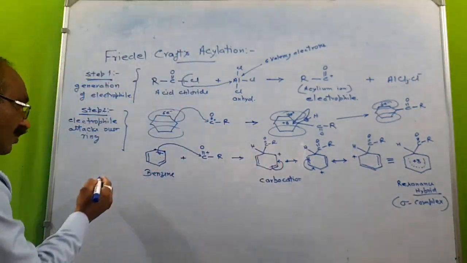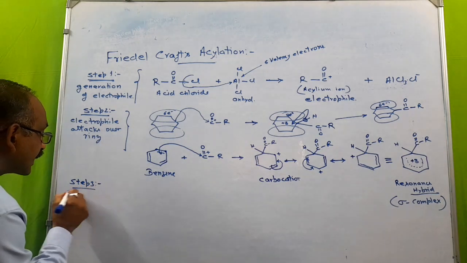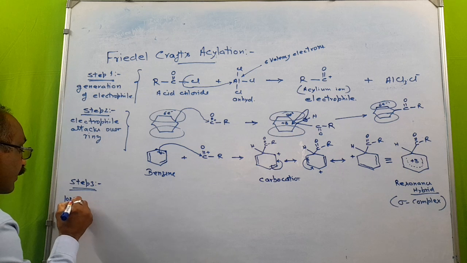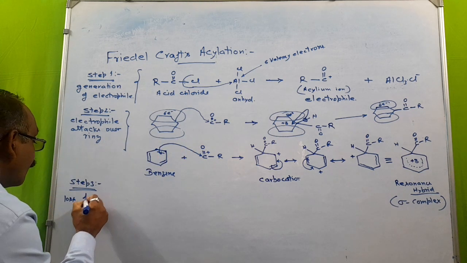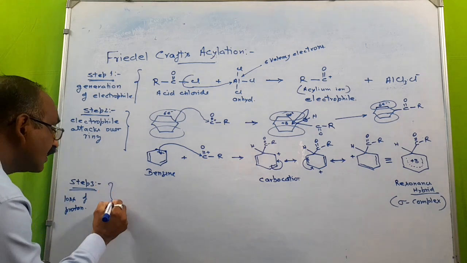So this step can be expressed as, in step 3, this resonance hybrid will lose a proton. Loss of proton occurs.